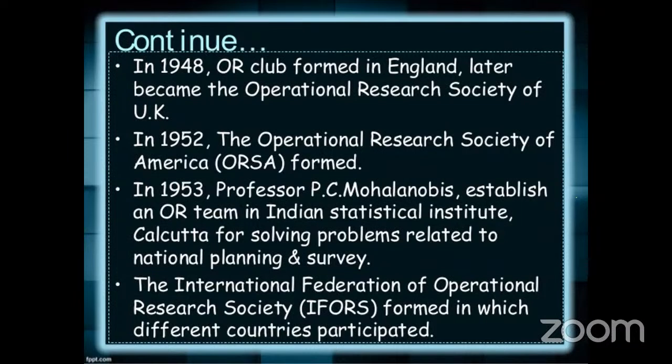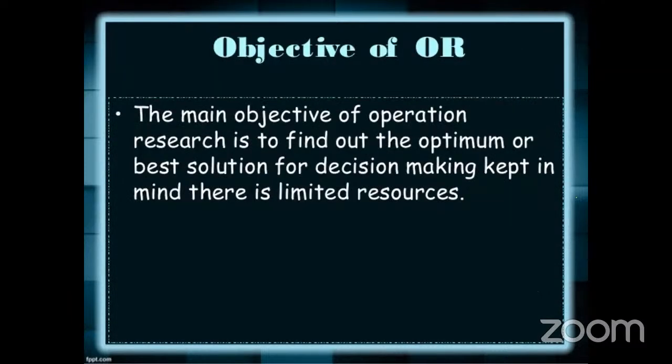So there they started combinedly looking at how to solve the problems in the different areas and how to utilize the different techniques. The main objective of operations research is to find the optimum, that is nothing but the best solution. Optimum solution is nothing but the best solution for decision making, keeping in mind there are limited resources.